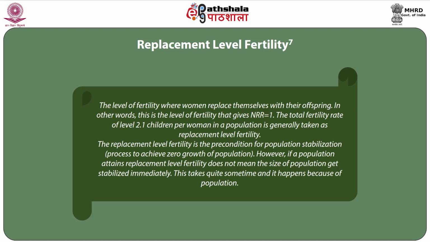However, if a population attains replacement level of fertility, it doesn't mean the size of the population gets stabilized immediately. This takes quite some time, and it happens because of population momentum.